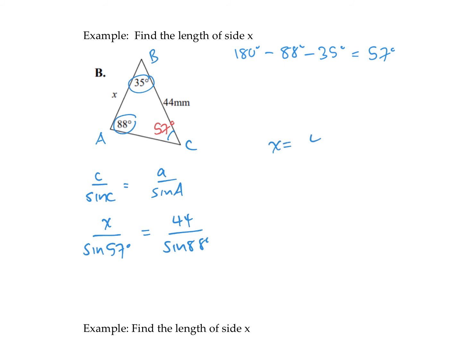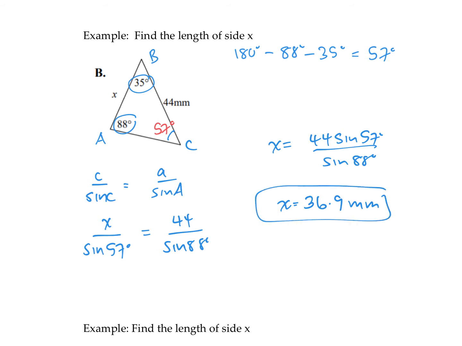And so X will equal 44 times sine 57, and then we'll divide that by sine 88. Sometimes you do have enough information, you just might need to figure it out by subtracting from 180. So X works out to be approximately 36.9, and the units are given as millimeters.